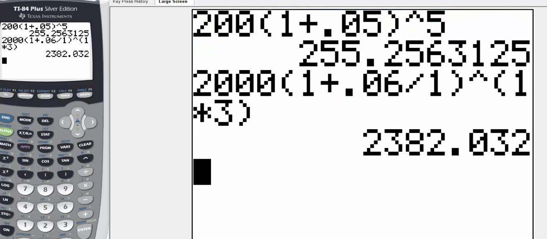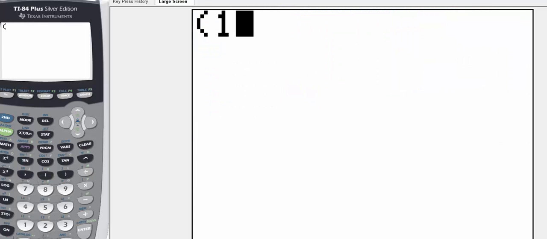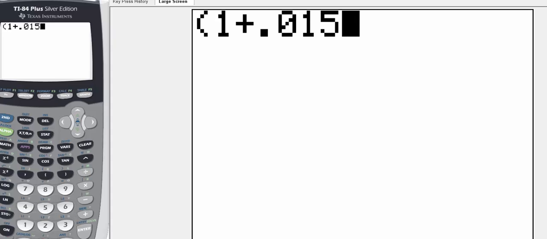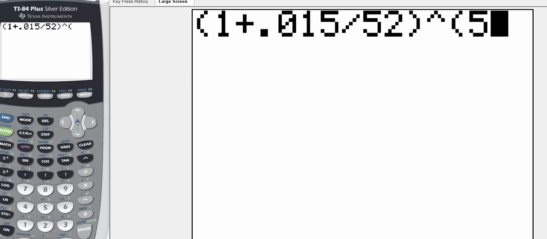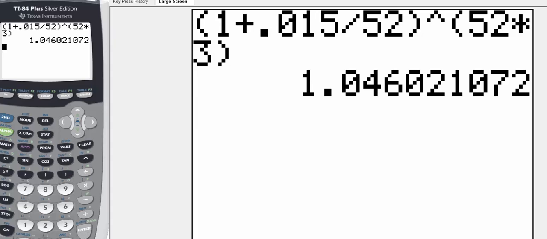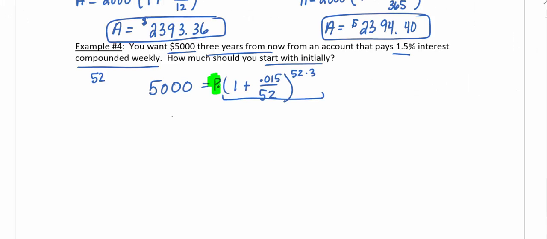And I'm going to do that with you. So that was 1 plus 0.015 divided by 52 raised to 52 times 3, right? 3 years from now. So that's 1.046. So I've got 5,000 equals P times 1.046. But that really goes on forever. And I do not want to round.